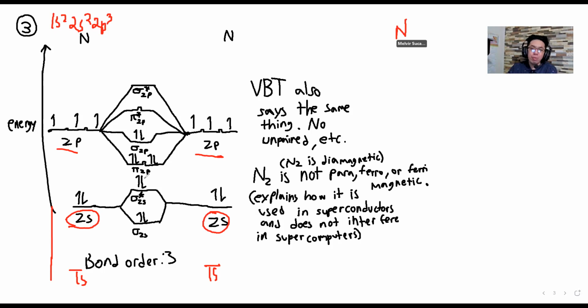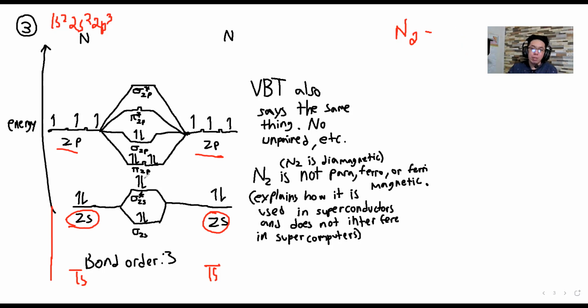And N2 will have, what do we call this, where the pi 2p is lower than the sigma 2p. I forgot. I just applied it because I was assuming nitrogen was the same as the others, like oxygen.